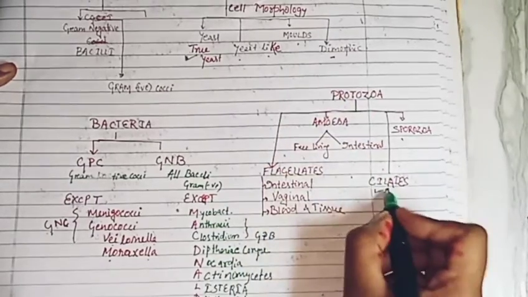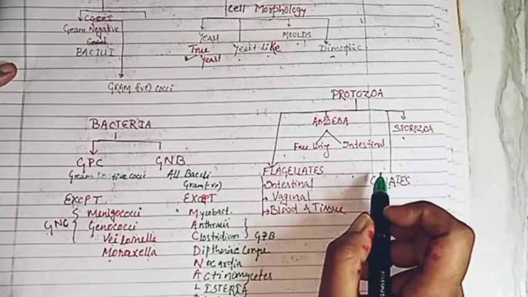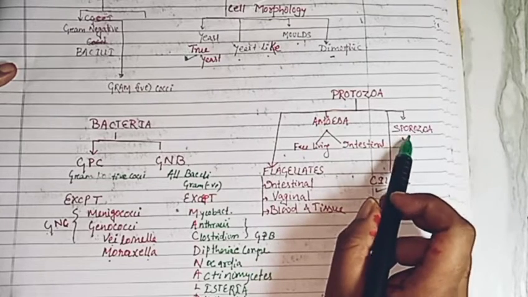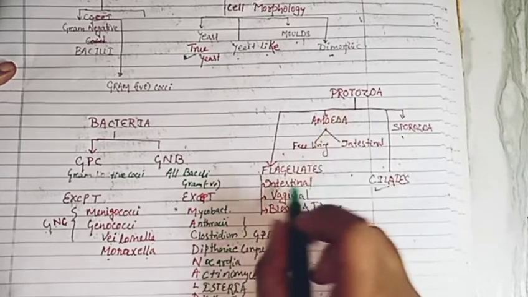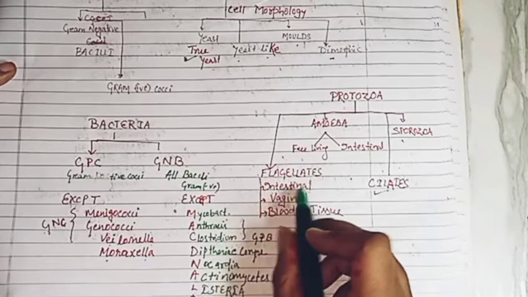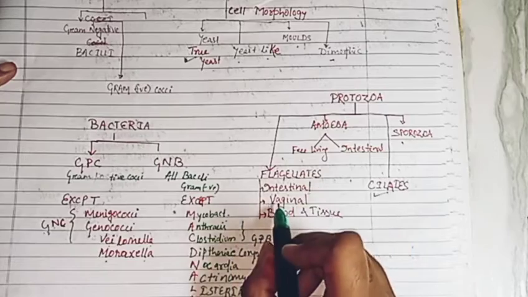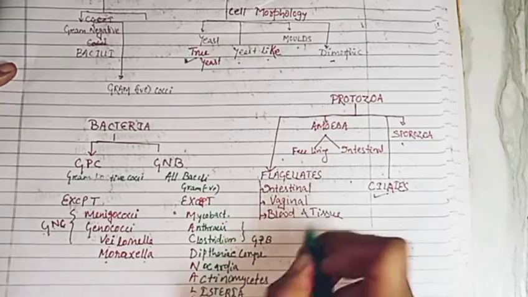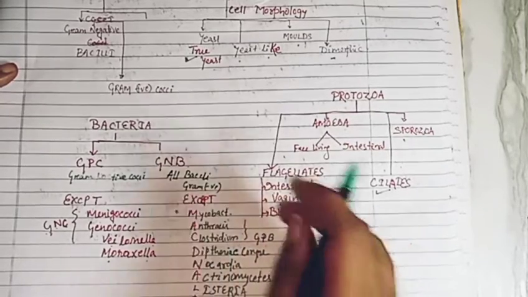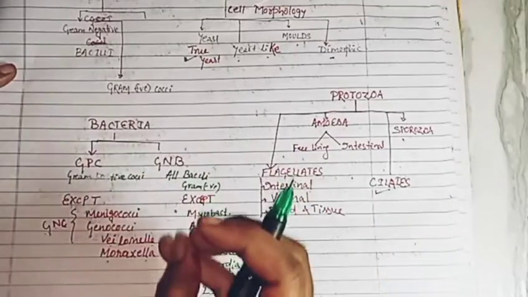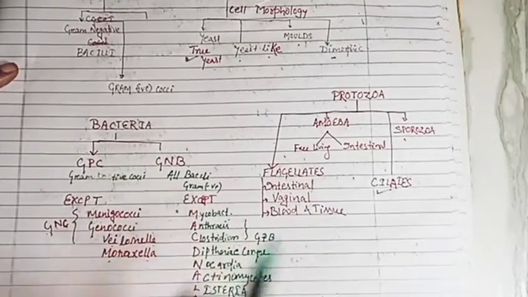Then ciliates. Sporozoa, and flagellates also. Flagellates are classified into intestinal flagellate, vaginal flagellate, and blood and tissue flagellate. So in this way we discuss only the basic classification.